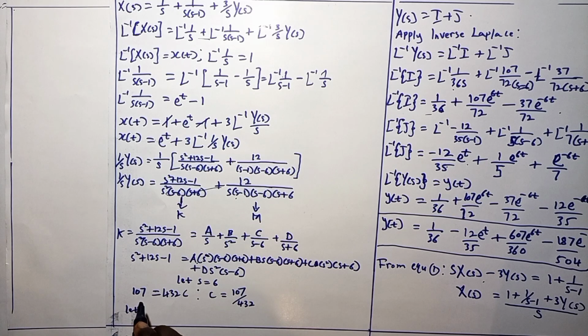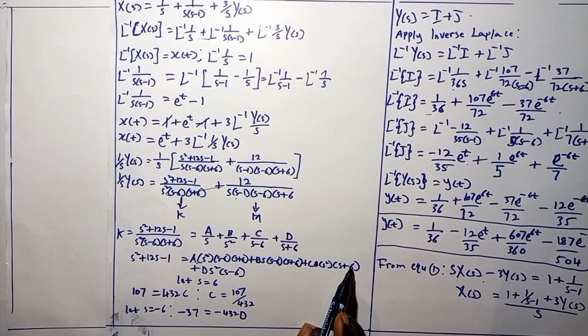For the next one, let s equal minus 6. This part will always remain the same as the first one we did, because this part is unchanged. So we have minus 37 here. Then we have minus 432d, because it's only the d.